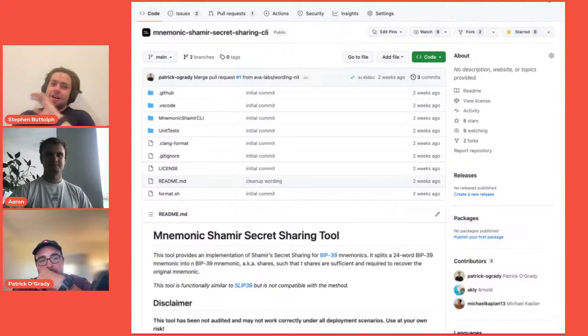Most are like, okay, this is a lot, but this is really not too deep. So if you're at all interested in getting into cryptography, I would definitely recommend reading about how Shamir secret sharing works.